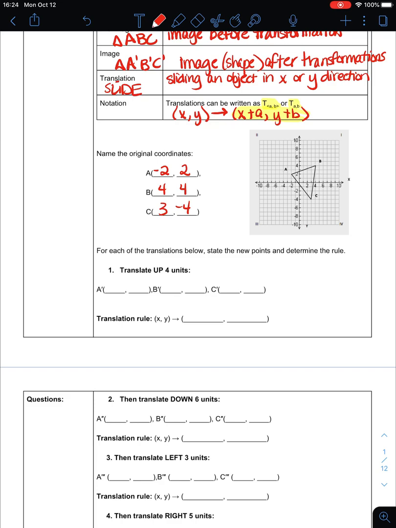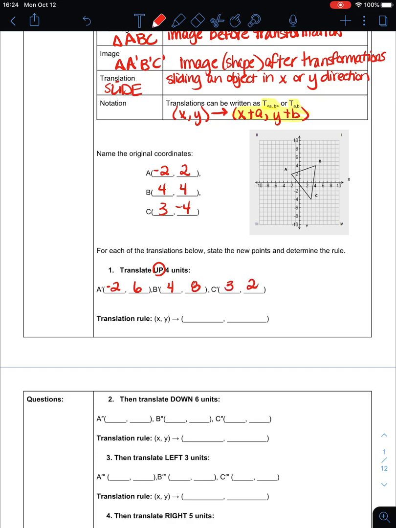I want to translate up 4 units. Translating up 4 units would be changing our Y value because up and down is our Y value. If we only change our Y value, then our new image of A goes to -2, 6. Our image of B is at 4, 8. And our image of C is at 3, 0.